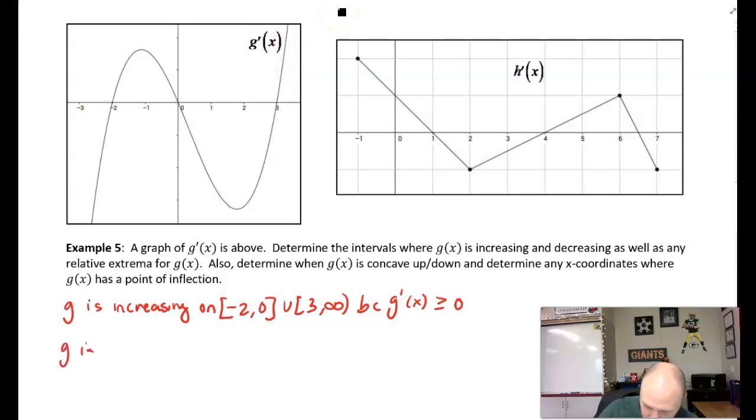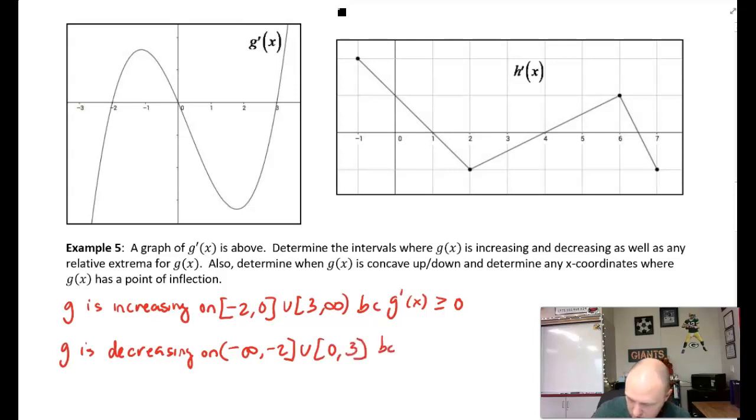G is decreasing on -infinity to -2, union 0 to 3, because g prime of x is less than or equal to 0.